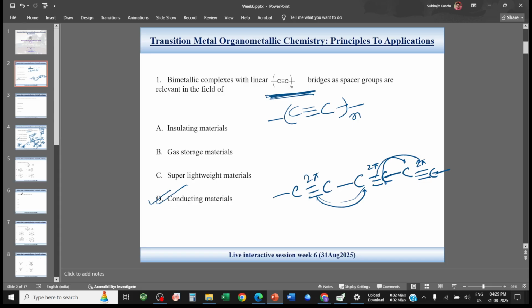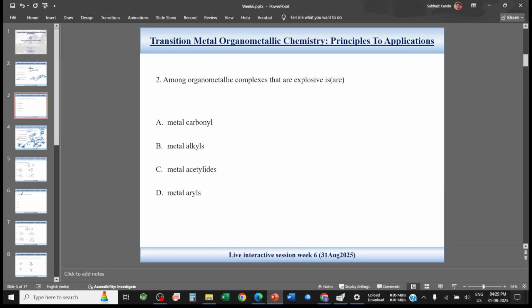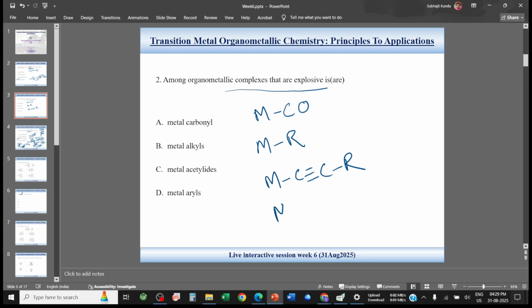The next question is: among the organometallic compounds, which complexes are explosive? That is the metal carbonyl M-CO, the metal alkyl M-R, the metal acetylide M-C triple bond C-R, and the metal aryl M-Ar.